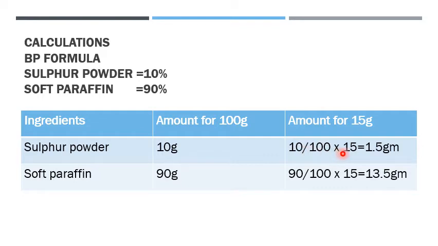Putting the values in this formula, that is 10 by 100, you have to multiply it by the required amount that you have to prepare. In this case you are preparing 15 grams, but in the exam you may be asked to prepare 10 grams, 25 grams, 30 grams, or 40 grams. So you simply have to change the value 15 to the specific value.